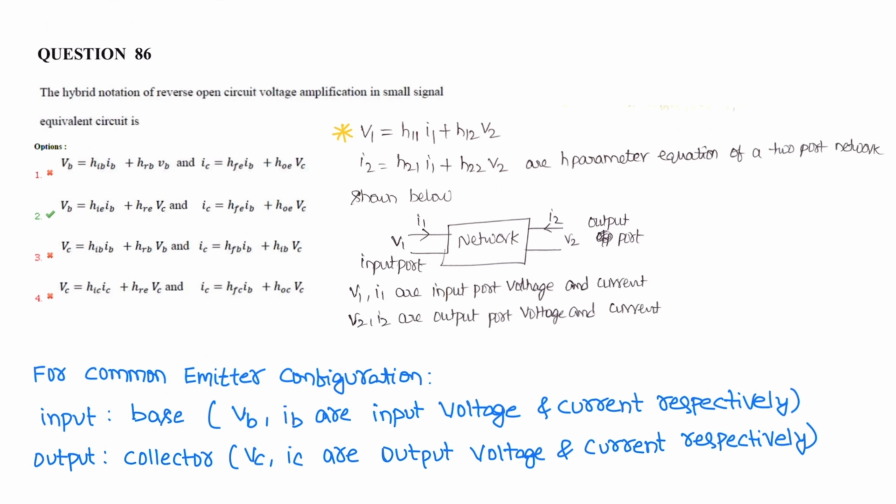Therefore, the correct option is VB is equal to HIE into IB plus HRE into VC, that is, the input voltage. The output current I2 in common emitter is the collector current. The collector current IC is equal to HFE IB plus HOE VC. The correct option is 2.